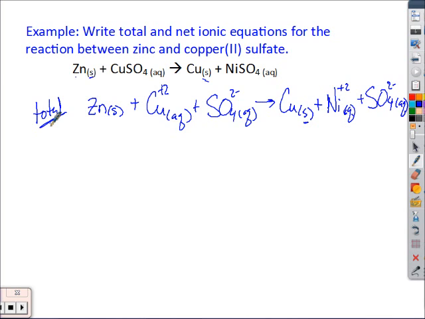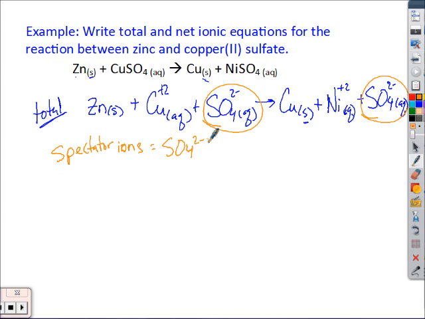If I look at the net ionic equation, I want to find the things that don't change. So first I have to identify the spectator. If I look at this equation, spectator ions are things that are the same on both sides. SO4 and SO4. So SO4, the sulfate ion, is the spectator ion. In this case, I only have one. It's a single replacement reaction.